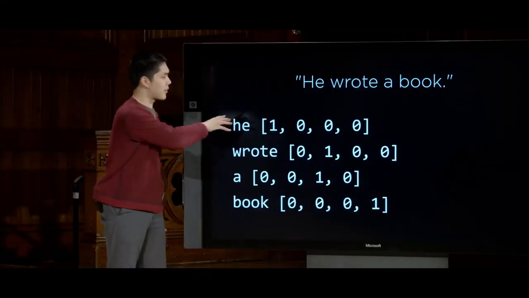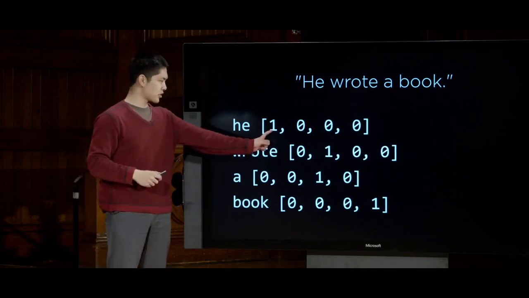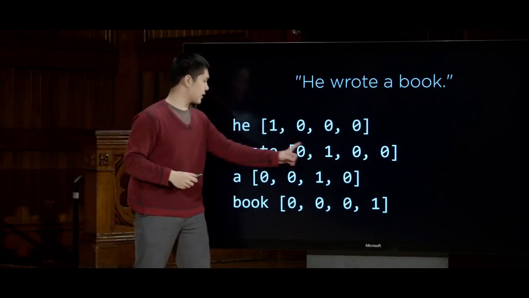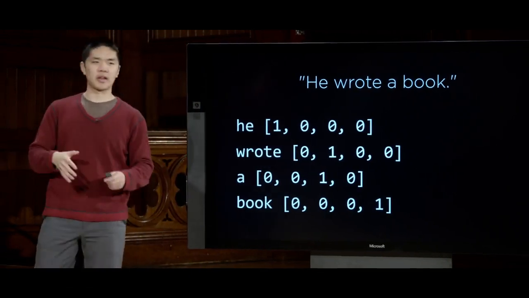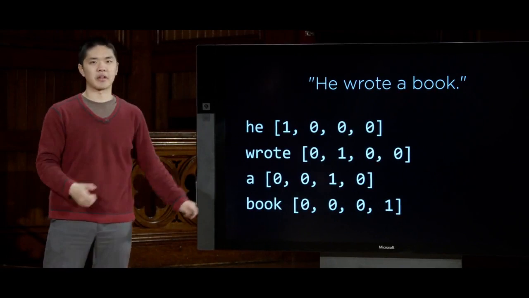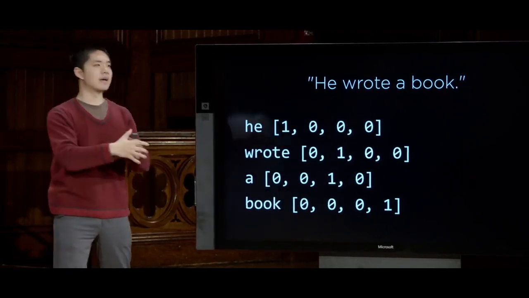The location of the 1 tells me the meaning of the word. That 1 in the first position means he. 1 in the second position means wrote. And every word in the dictionary is going to be assigned to some representation like this, where we just assign one place in the vector that is a 1 for the word and 0 for the other words.